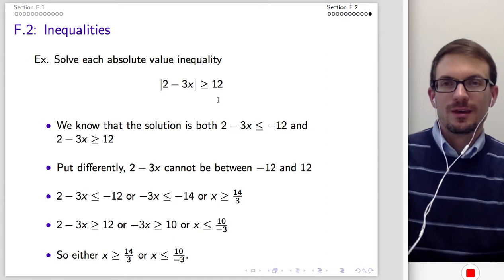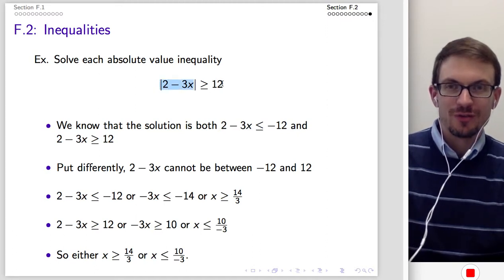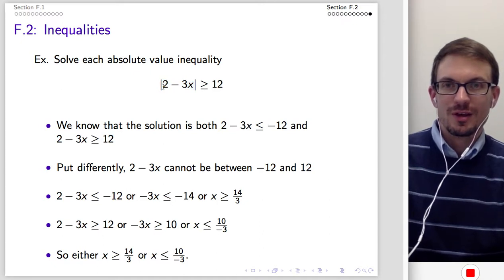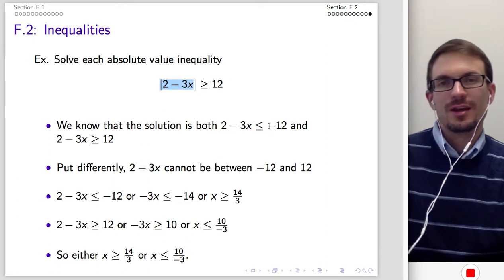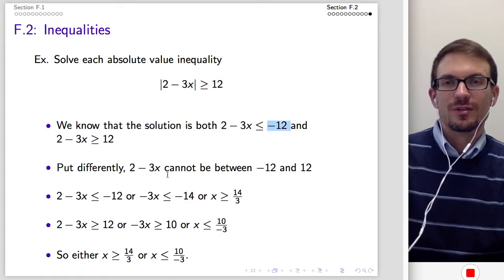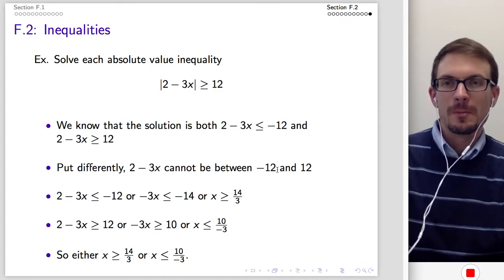Okay. And then the last one, absolute value of 2 minus 3x is bigger than or equal to 12. Well, our solution says if this thing's positive, this must literally be bigger than or equal to 12. So that's this one. Suppose this thing's negative, well, then it's got to be smaller, more extreme than negative 12. So 2 minus 3x cannot be between negative 12 and 12.